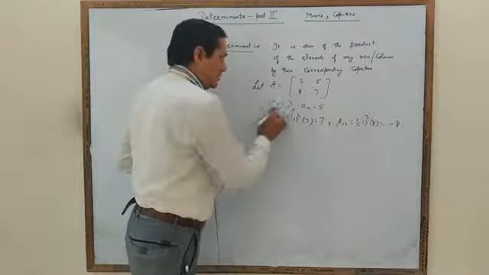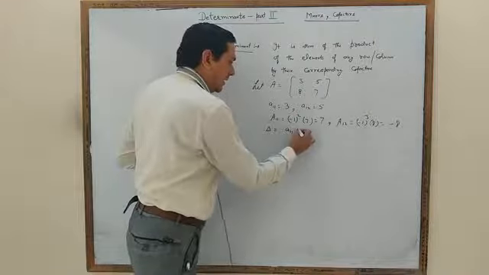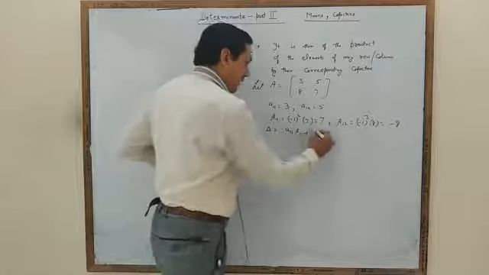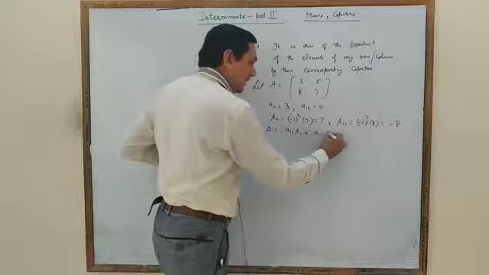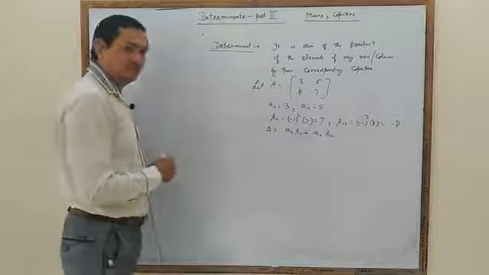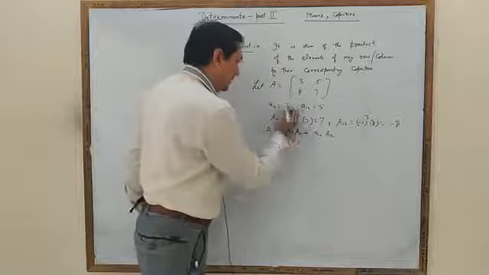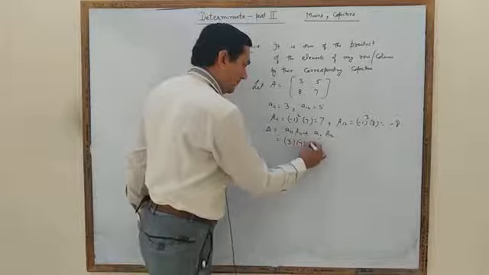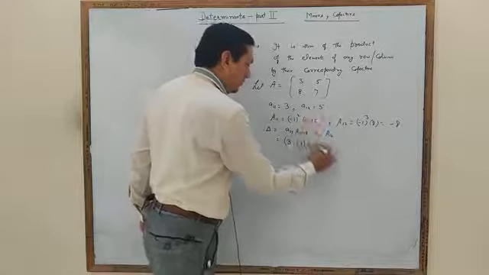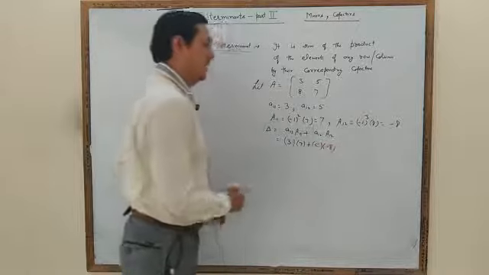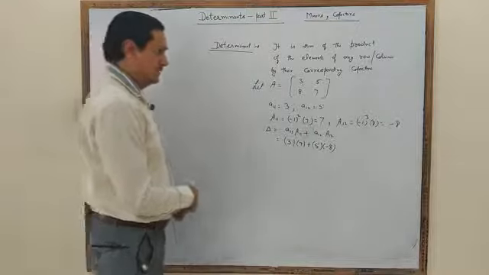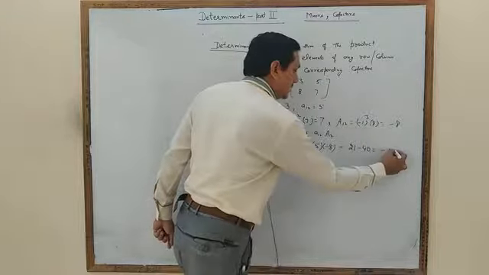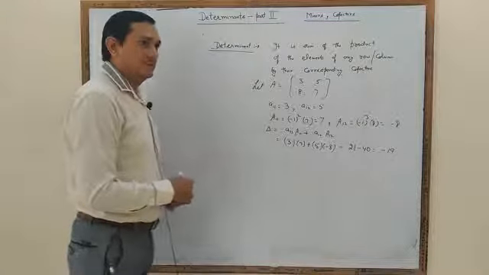The first element of the first row is a11 multiplied by capital A11 plus a12 multiplied by capital A12. a11 is 3, capital A11 is 7, plus a12 is 5 multiplied by -8. 21 minus 40, which is -19.